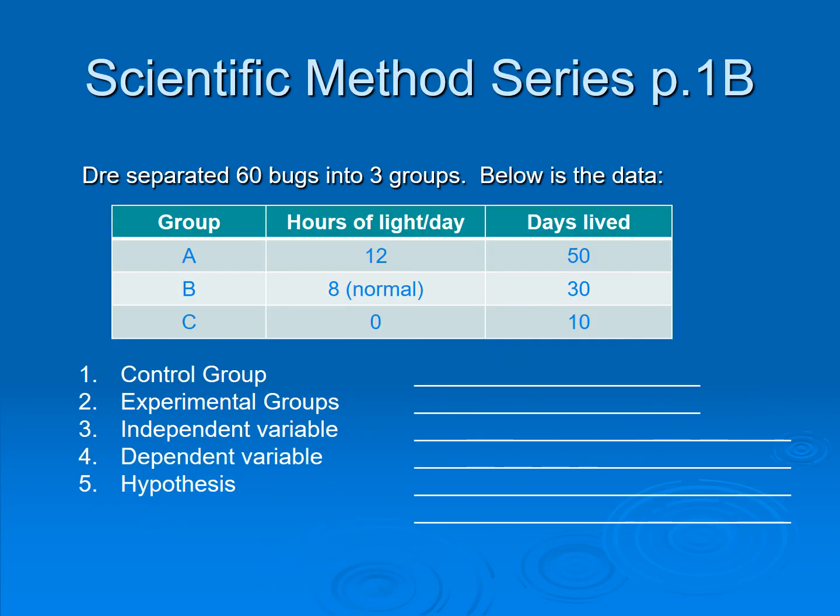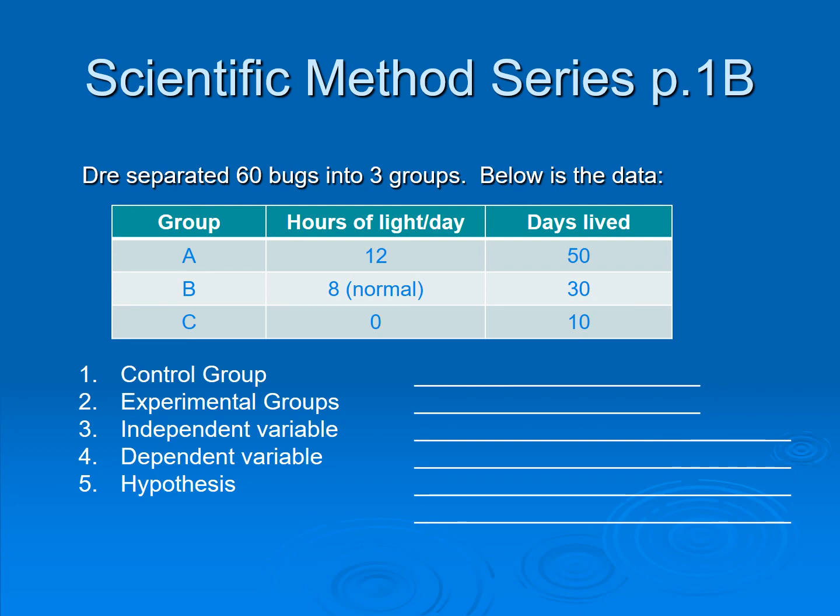So we have two worksheets here that you're going to be writing down. I'm going to show them to you, and then your job will be to go back and make sure you have answered the questions to present them to me in class. So Scientific Methods series, part 1B. Dre collected some bugs and he separated them into 3 groups.